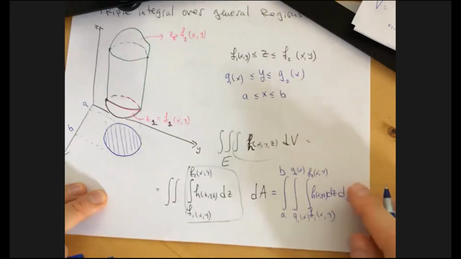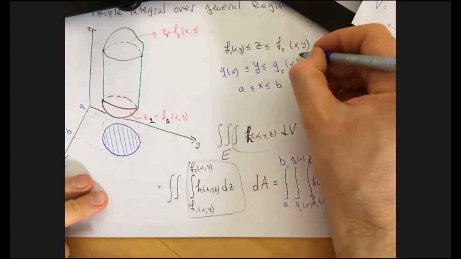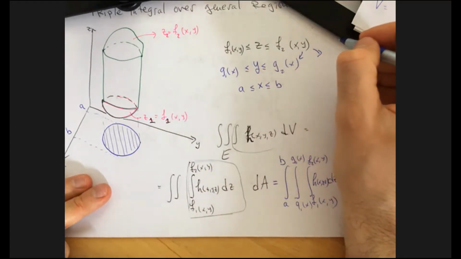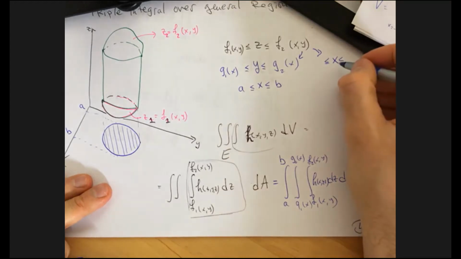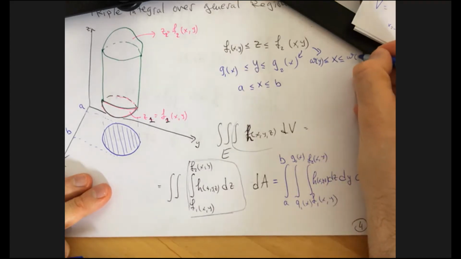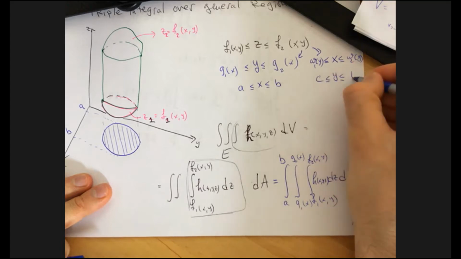Okay. Of course, somebody can say, well, basically here I have two possibilities, right? Maybe you can say, okay, what if I say that x goes between omega 1 of y and omega 2 of y. That's absolutely okay. And then y is going to be between c and d.